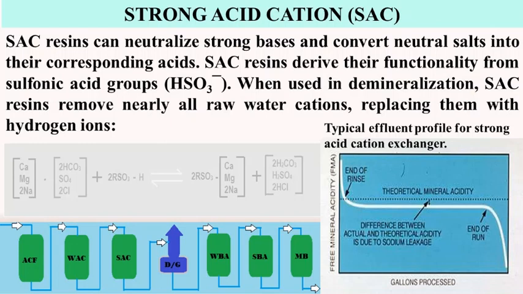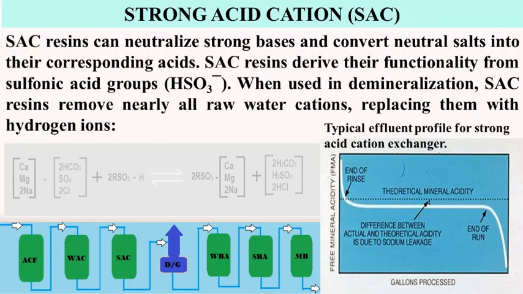Now the total concentration of the strong acid in the cation effluent is called the free mineral acidity, FMA. In a typical run, the FMA content is almost stable. If the cation exchange were 100% efficient, then the FMA from the exchanger would be equal to the theoretical mineral acidity, that is called TMA, of the water.